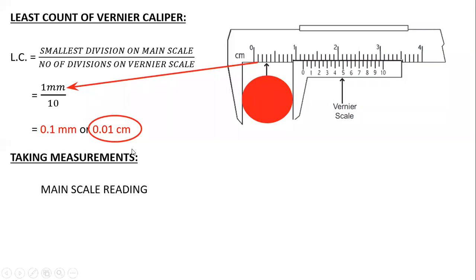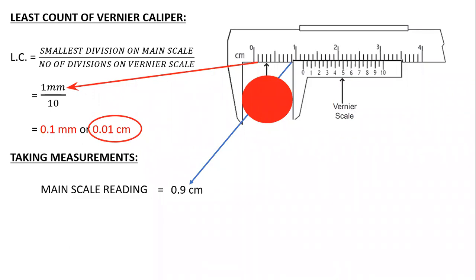First we need the main scale reading. Is it 0.9 centimeter on the main scale?